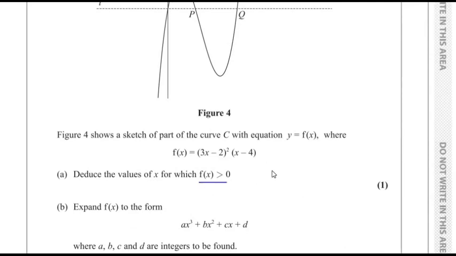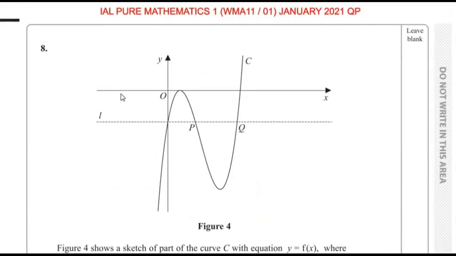So f of x, whenever they give, this means y should be greater than 0, because f of x is nothing but the y-axis. So we have to come back to the graph and look at the graph carefully and check where my curve is going above the 0.